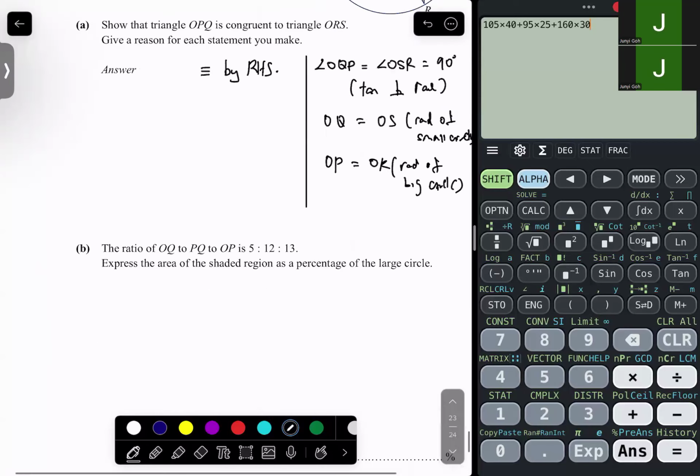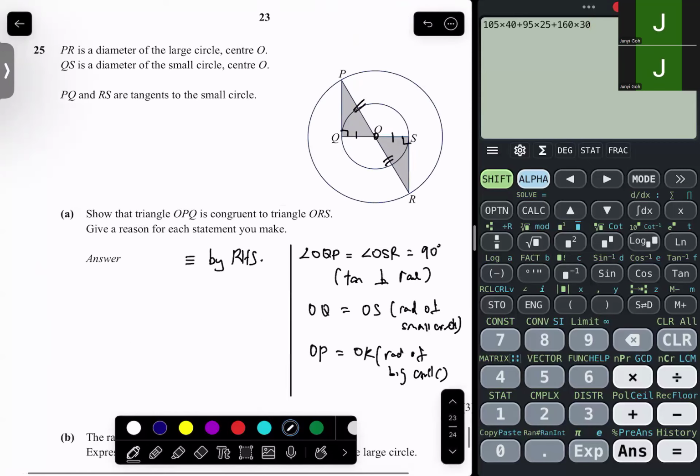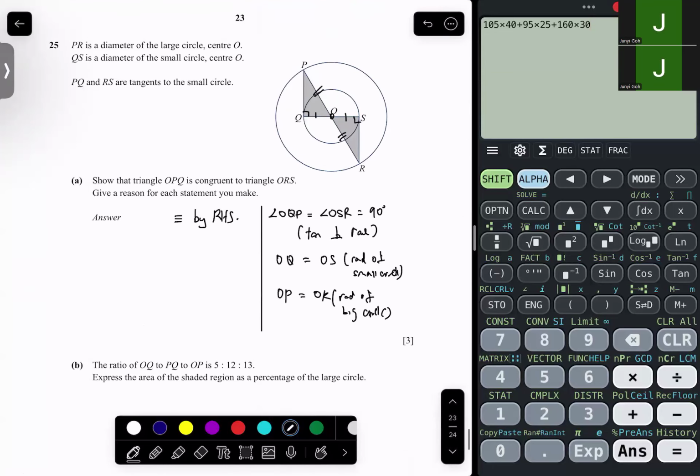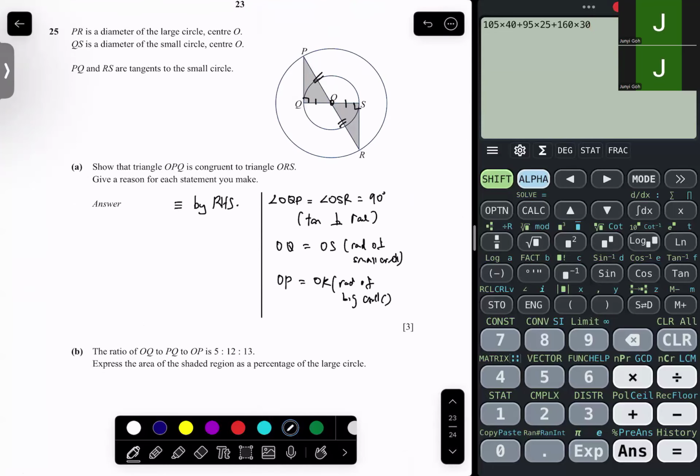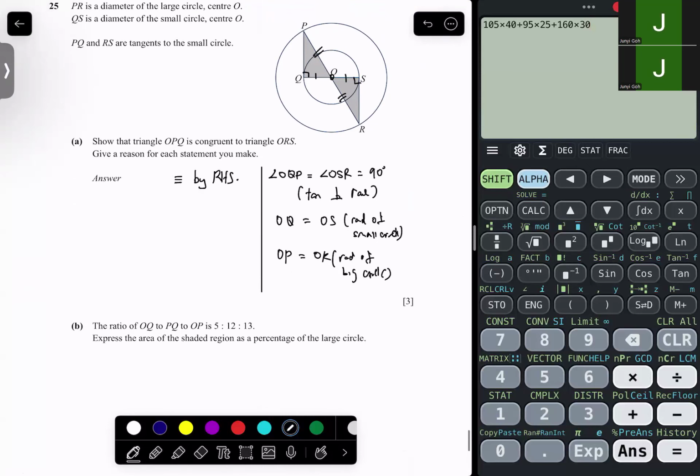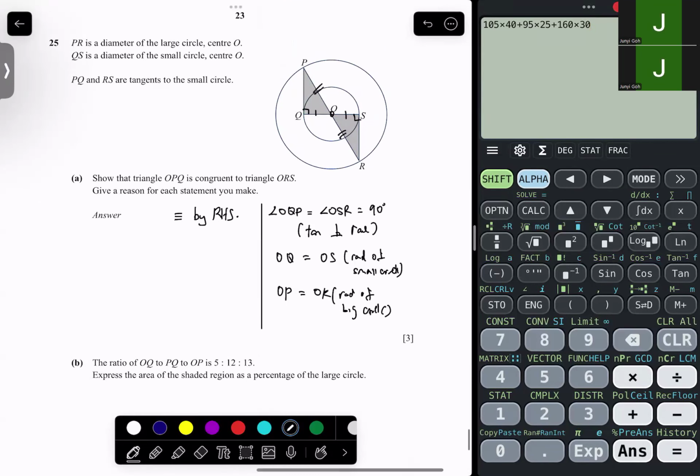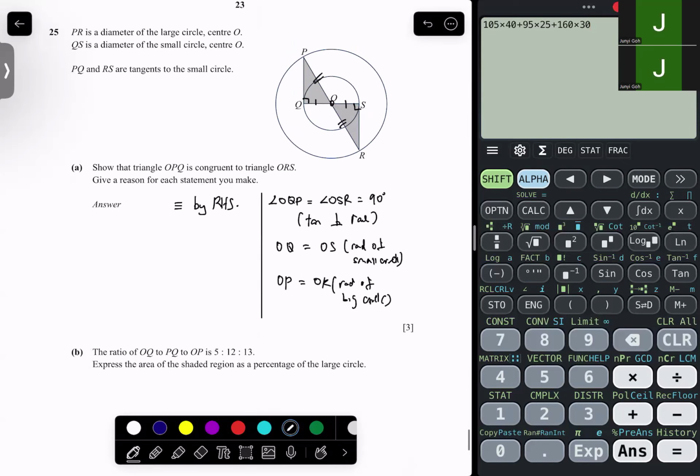Okay, the ratio of OP to PQ to OQ is 5 to 12 to 13. So they give us the ratio of the triangle, 5, 12, and 13. Express the area of the shaded region as a percentage of the large circle.